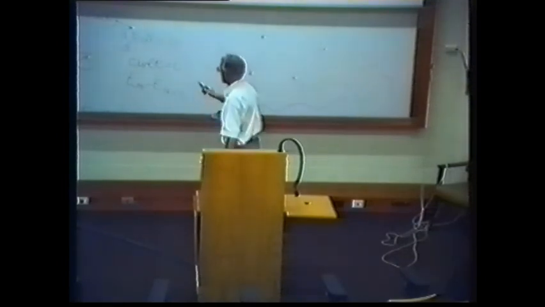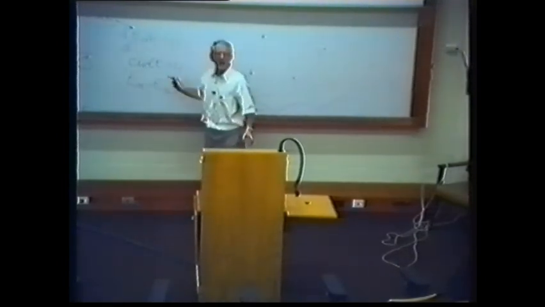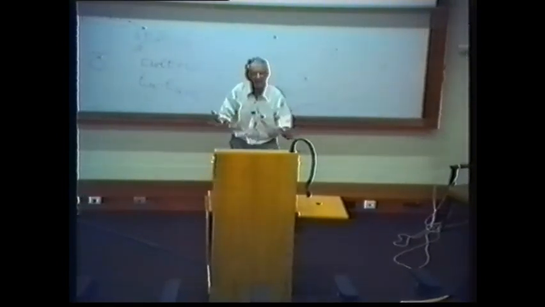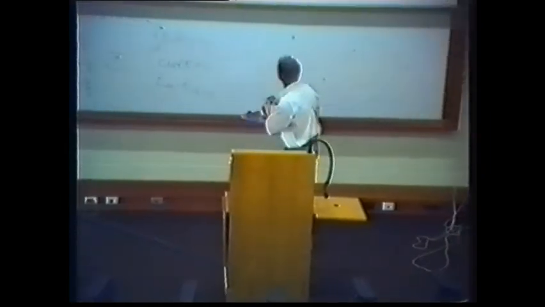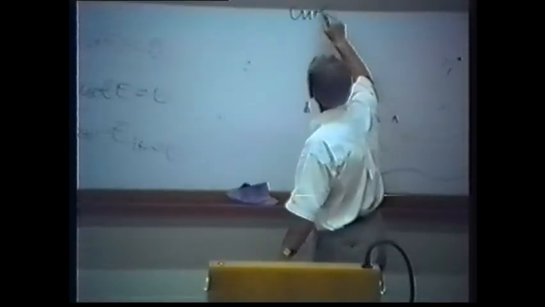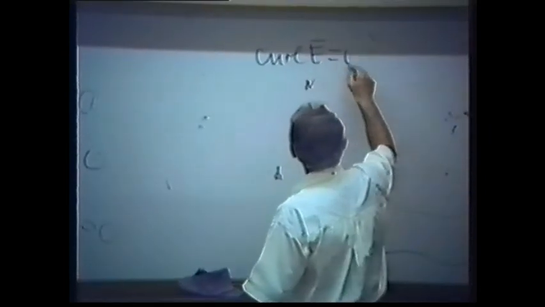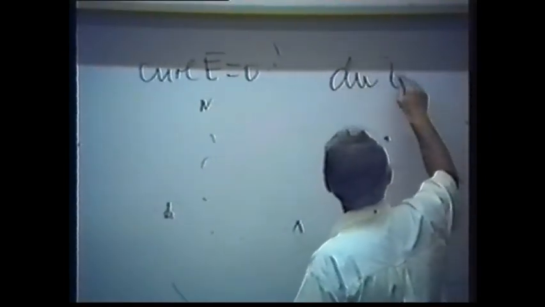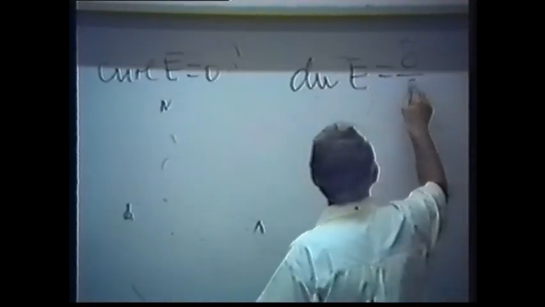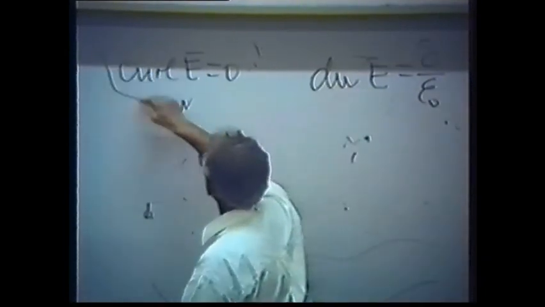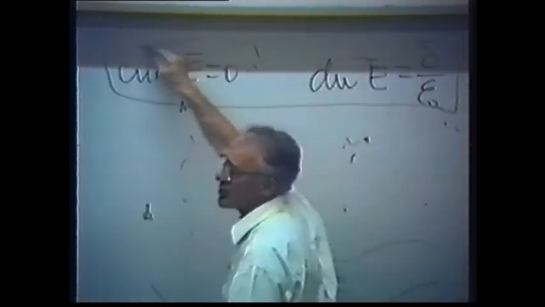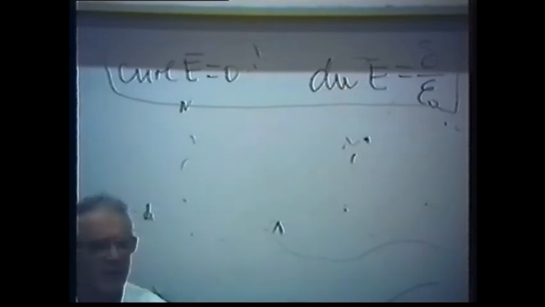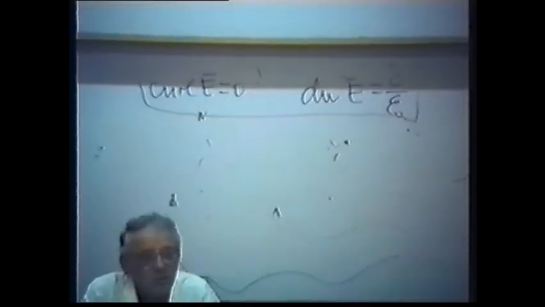Next hour. We derived 2 equations of the electrical field from Coulomb's law. Curl of the electrical field equals 0. Divergence of the electrical field equals delta over epsilon naught. These 2 equations form the system of equations of the electrical field at regular points.